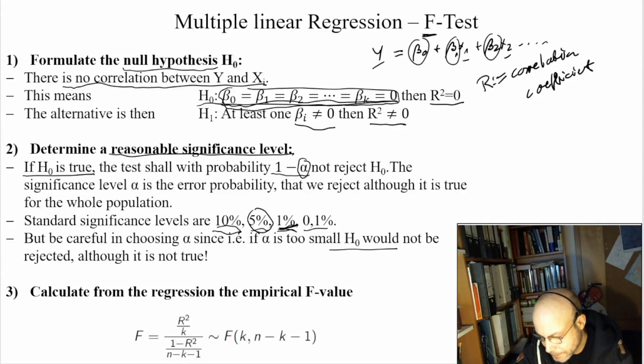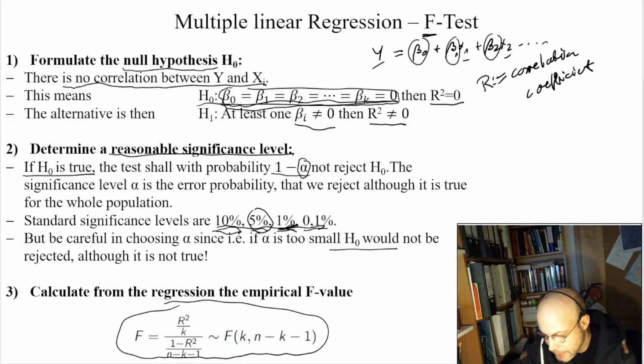And then when we have chosen a significance level, then we calculate from our data our F value. So from our data, we have calculated our R squared. We know how many parameters beta we have.